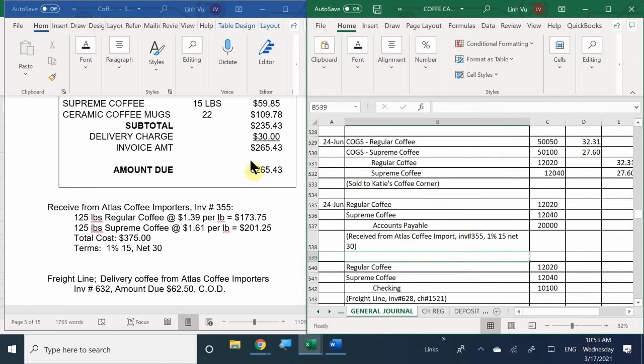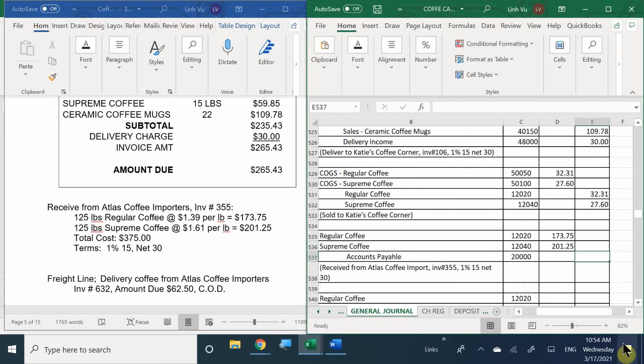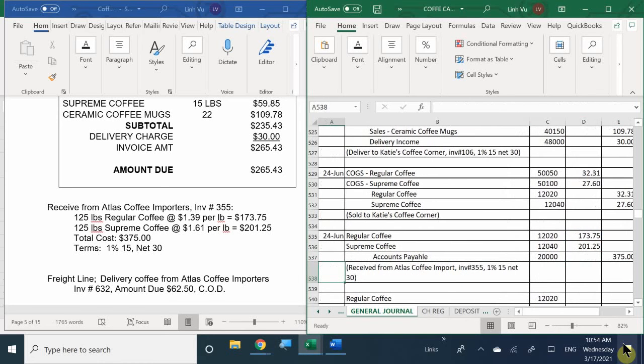So how much of the regular coffee did we buy and how much of the supreme coffee did we buy? 125 pounds. What's my total for the regular coffee? 173.75. And then what is my total for my supreme coffee? 201.25. All right, so that should equal out to 375. Yep, 375.